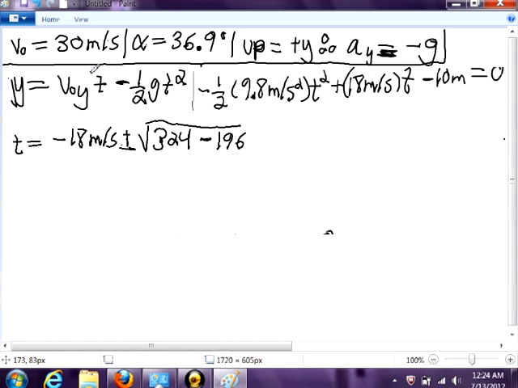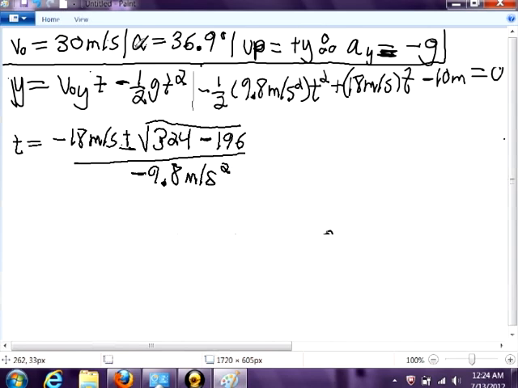Now, of course, this is all divided by 2 times A, which is negative 1/2 times 2, negative 1 times 9.8, so it's negative 9.8 meters per second squared.